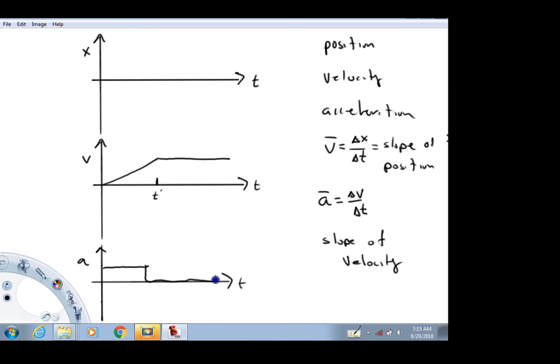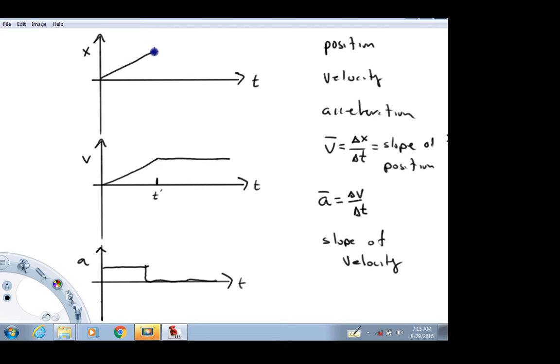Now we're going to talk about position. Going back to this 0 to t prime time frame, remember when your velocity is constant, that would mean the slope of this position graph is constant, and that would make this graph linear.